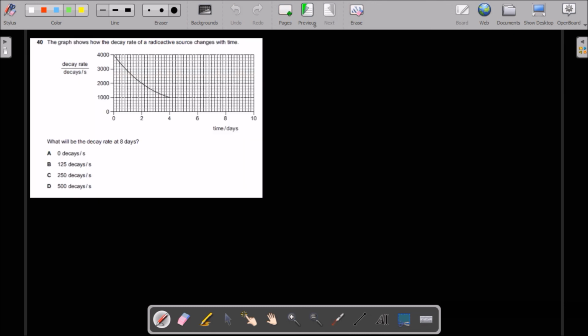Question 40. The graph shows how the decay rate of a radioactive source changes with time. What will be the decay rate at 8 days? First of all, decay rate will be halved by 2 days based on figure.